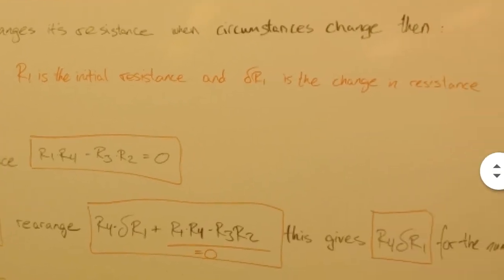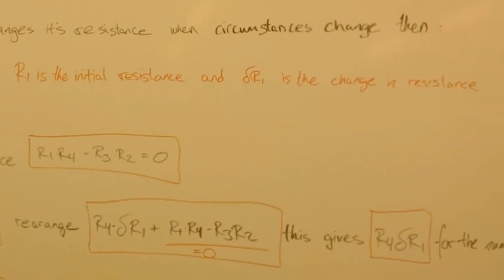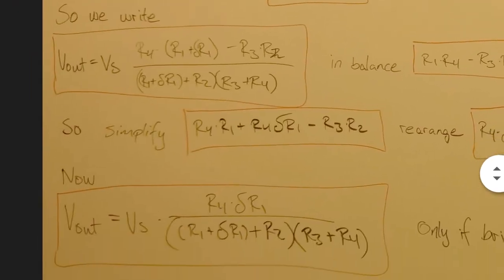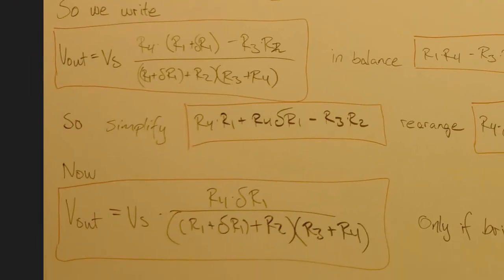We say that R1 is the initial resistance of the resistor, and delta R1 is the change in resistance.